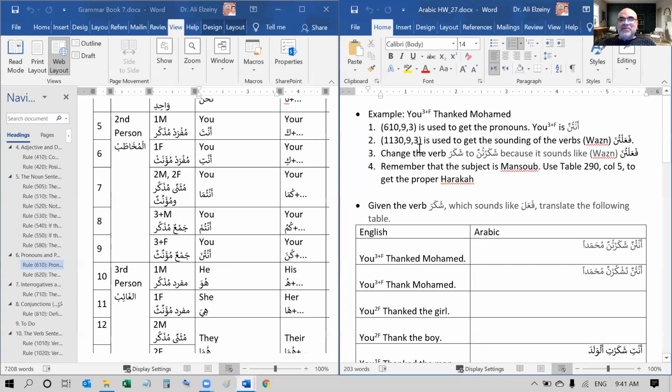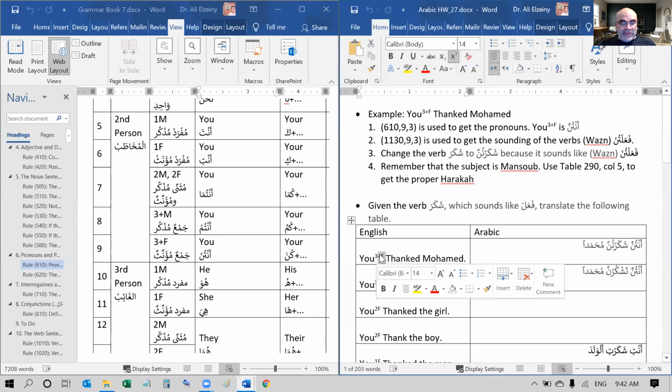Now the verb thank is shakara. So now I want to do thanked for 3 plus female. I don't need to repeat this and say okay, this is 3 plus female.